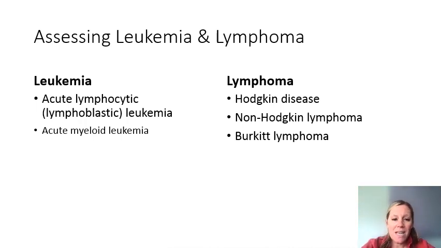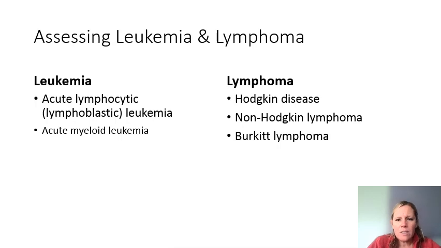We're then going to do a bone marrow aspiration, performed at the iliac crest, which is going to help us identify the type of white blood cells involved, which helps us document the type of leukemia involved.